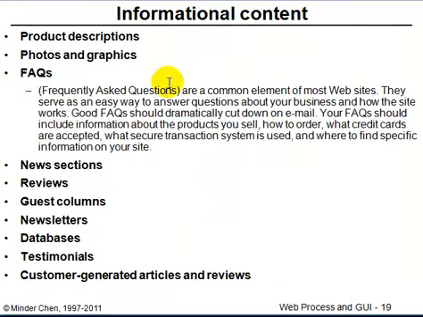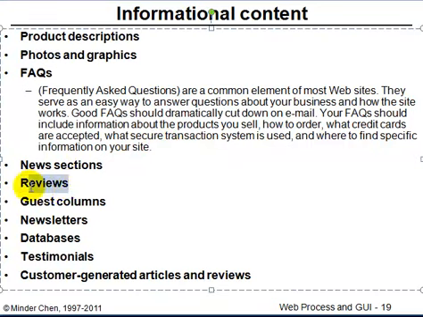Informational content could be product information, photos, graphics, frequently asked questions, a news section, product reviews, a guest column or post, and even individual blog sites linking to your website, and a newsletter.